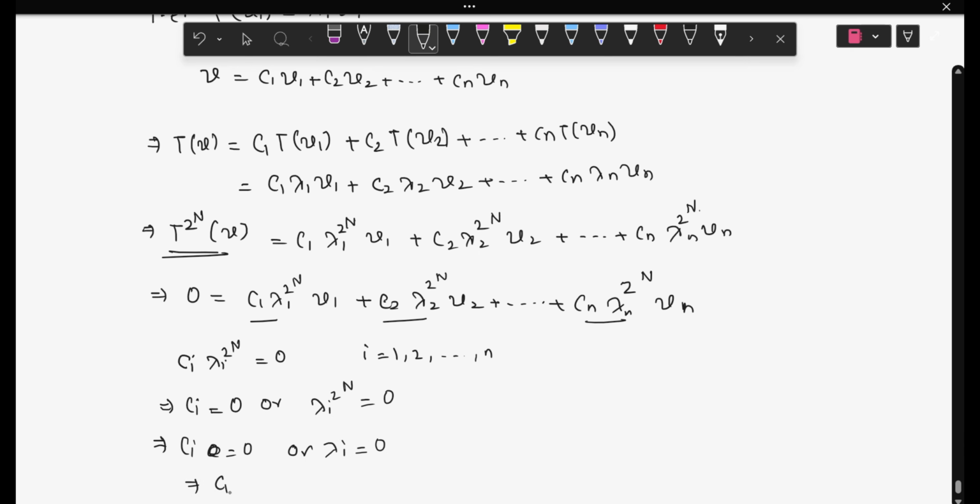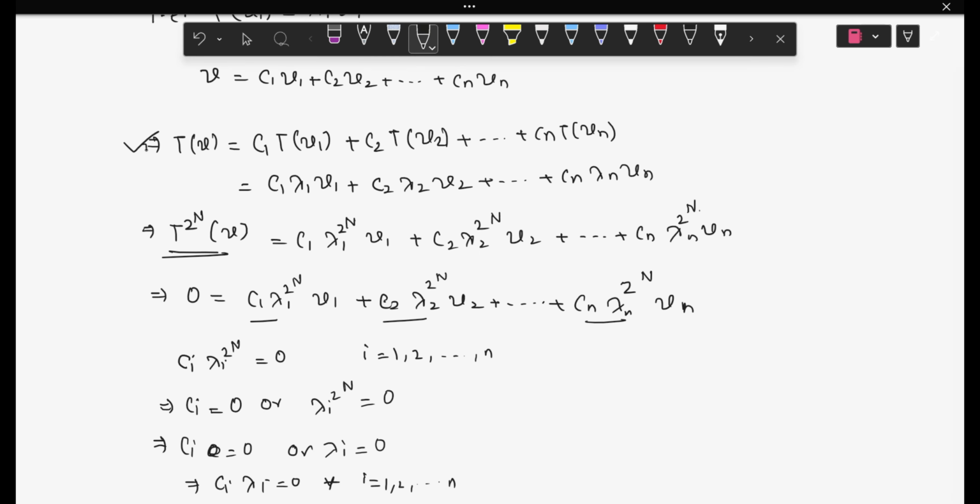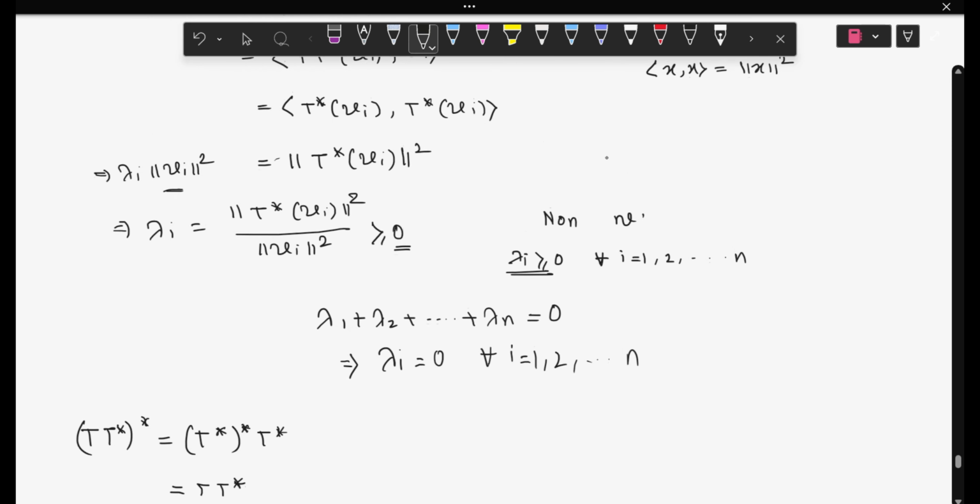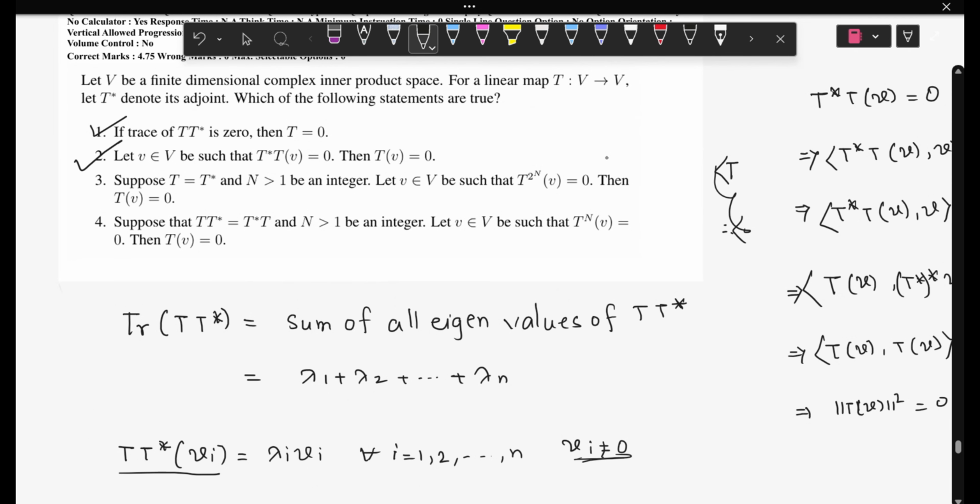That is, ci lambda i equals 0 for all i equal to 1 up to n. Now, if ci lambda i equals 0, then each part is 0, so this is equal to 0, and hence option 3 is again a correct option.